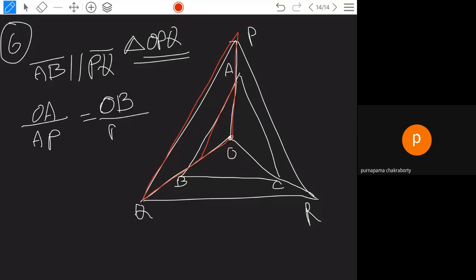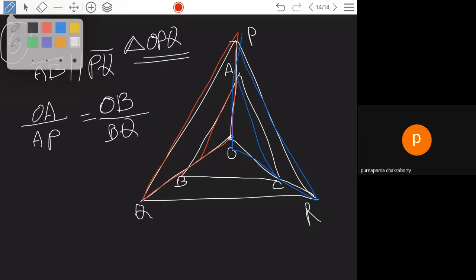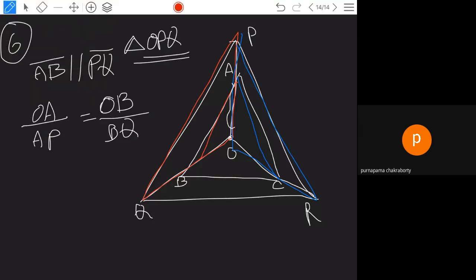In the same way, the another parallel thing that is given, this triangle to be taken into consideration. In this triangle, AC is parallel to PR is given. So when AC is parallel to PR, in the same way, OA by AP is equal to OC by CR you will get in the triangle OPR.